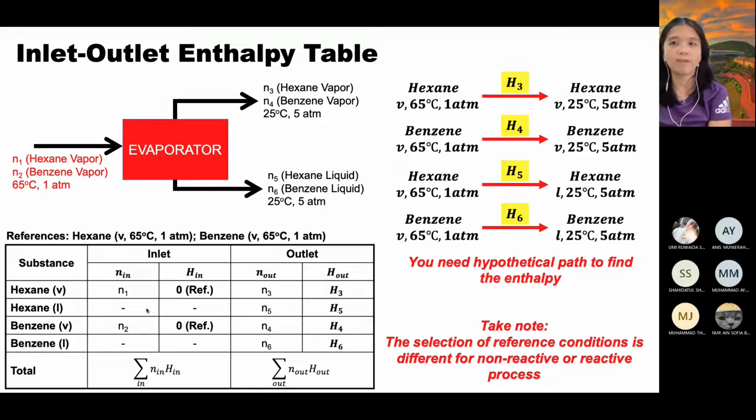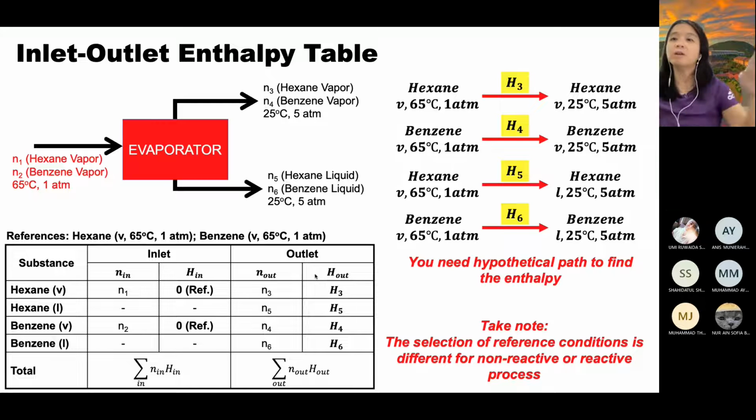Okay, so that's one. Okay, so yang sebelah kanan dia adalah H in, enthalpy in. Okay, maksudnya kita akan kira enthalpy in dahulu. Okay, so how to calculate enthalpy in ini nanti kita akan belajar. Okay, I will explain kenapa dalam kes ni enthalpy ini jadi kosong. I will explain later.